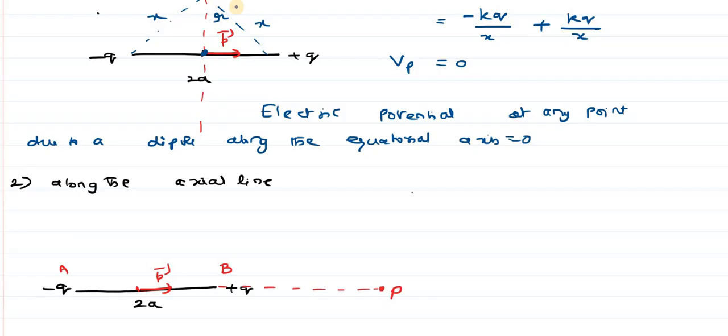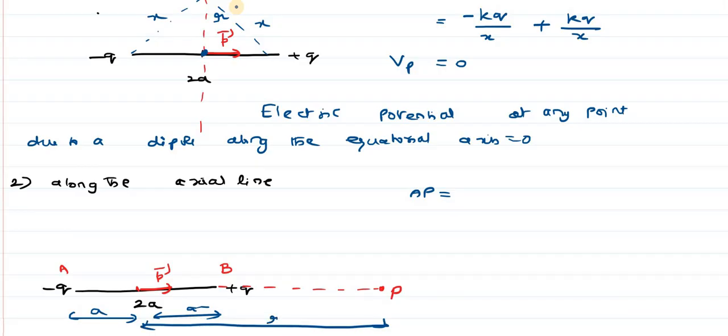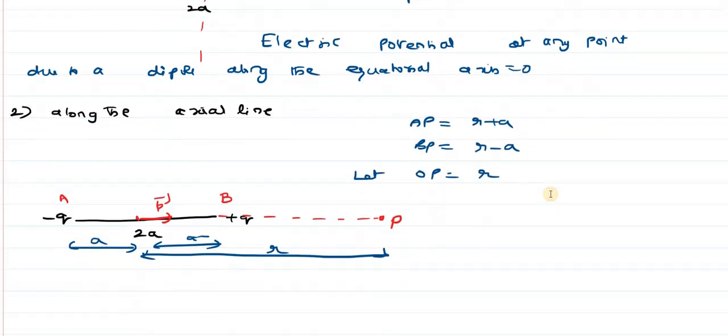This is a, this is also a, and the distance from the center of the dipole to the point P is r. So AP will be r plus a, BP will be r minus a, and OP is r.